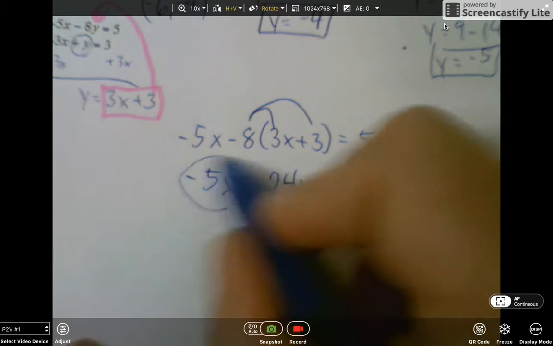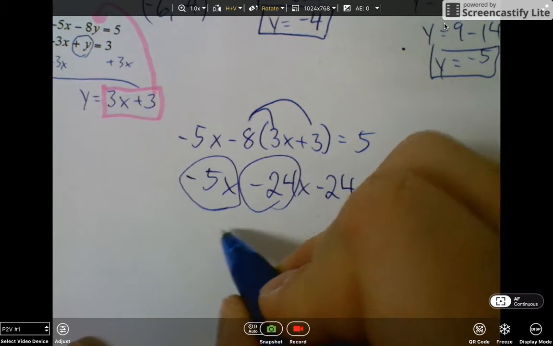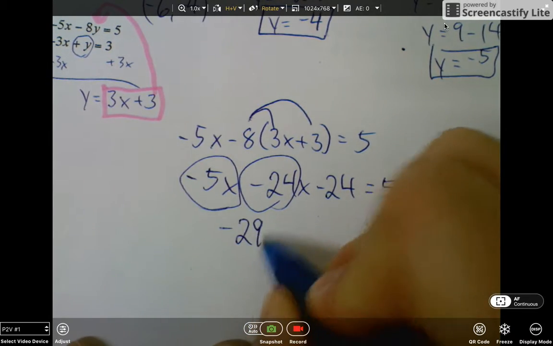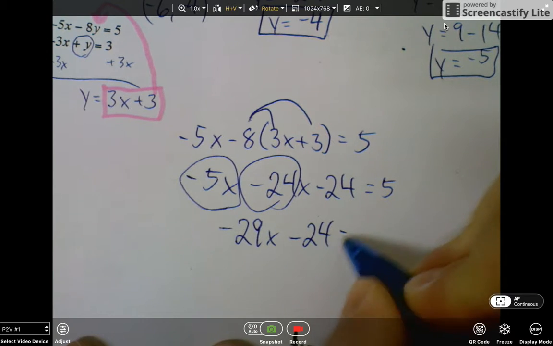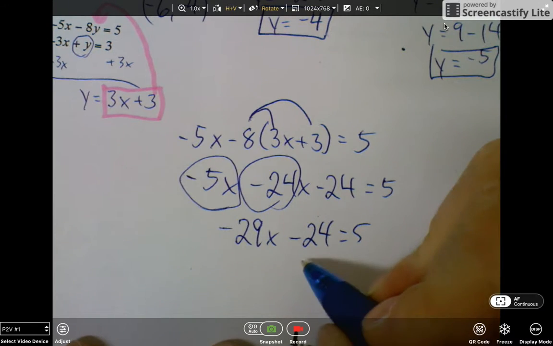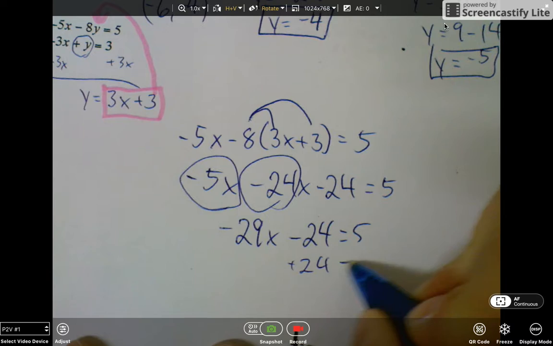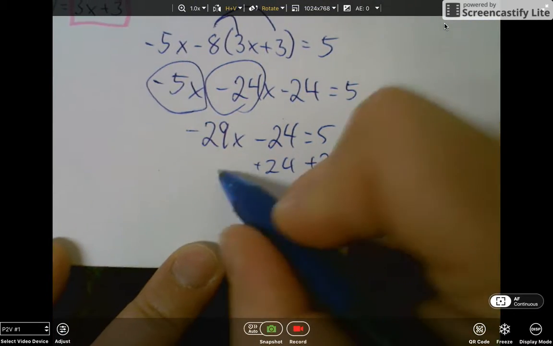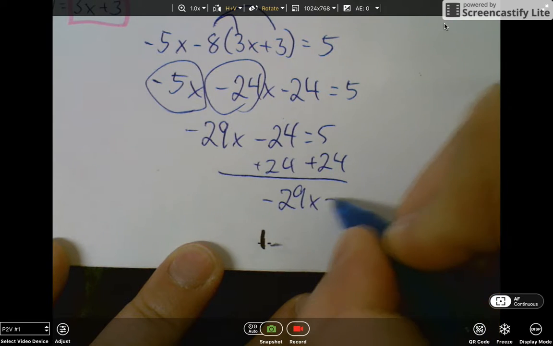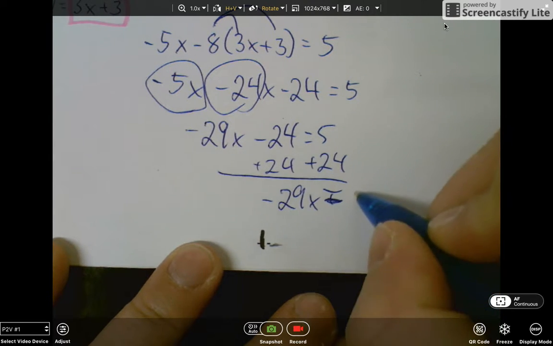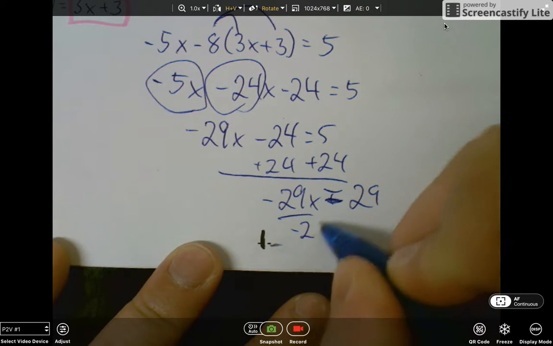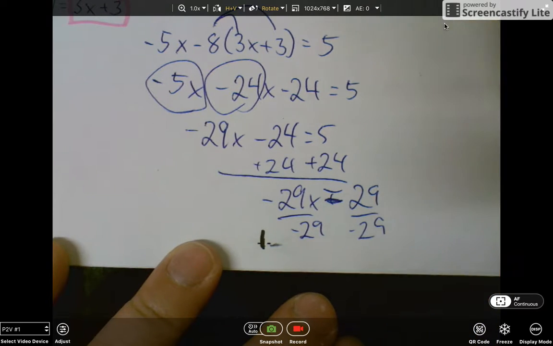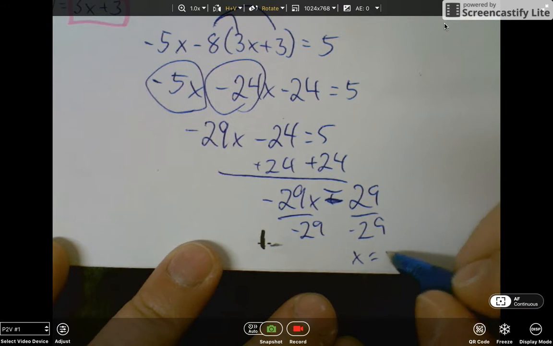Combine like terms here, and I'm left with negative 29x minus 24 equals 5. And then I add 24 on both sides. When that works out evenly, we're left with negative 29x equals 29. So divide by negative 29, and x equals negative 1.